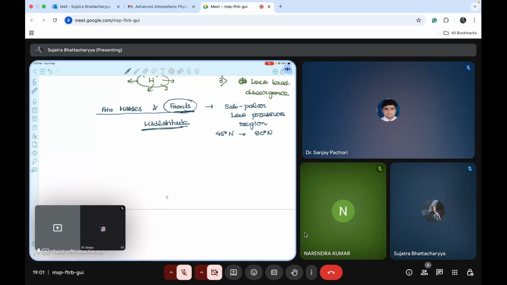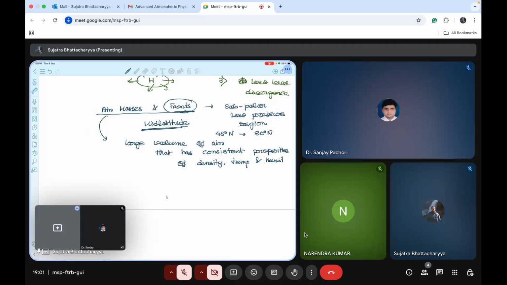Okay, fine. So, what is an air mass? Simple, a large volume of air. These are simple definitions. Okay? A large volume of air that has constant or consistent properties of some variables like density, temperature, and humidity.